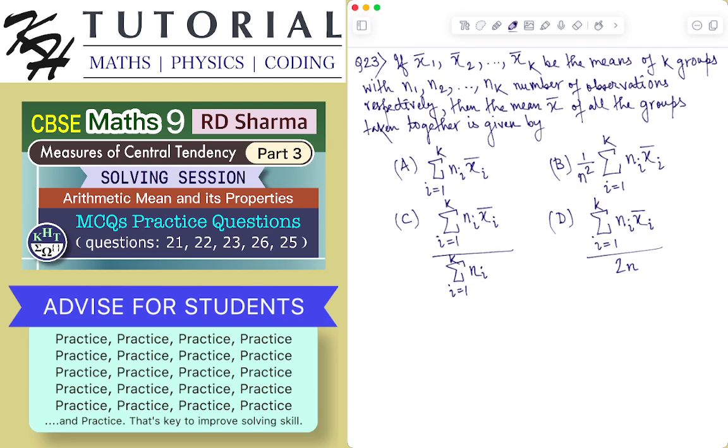At first glance it might be a little complex to visualize what is happening. See, there are k groups, and each group is nothing but a set of observations. You can consider x1 bar is the mean of the first group of observations.